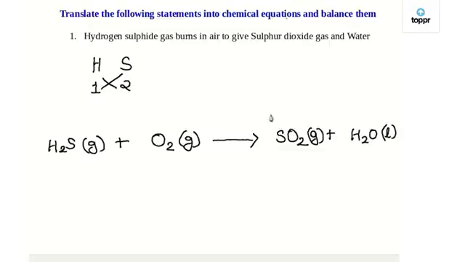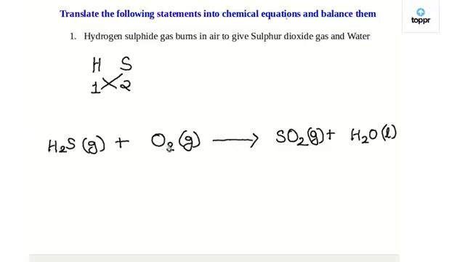Now, we have to check if this equation is balanced or not. Let's see. Hydrogen on my left hand side is 2 and hydrogen on my right hand side is also 2. Fine. Let's check sulfur now. Sulfur on my left hand side is 1, and on my right hand side it is 1 again. Let's check oxygen.